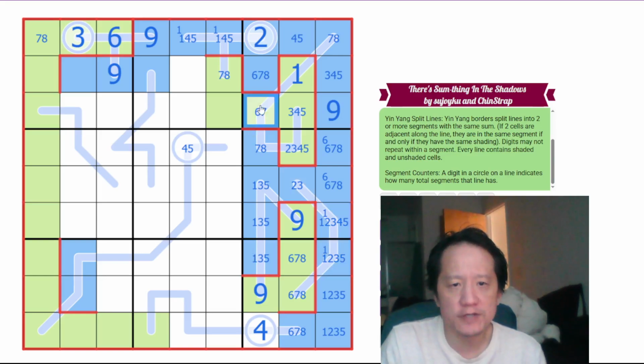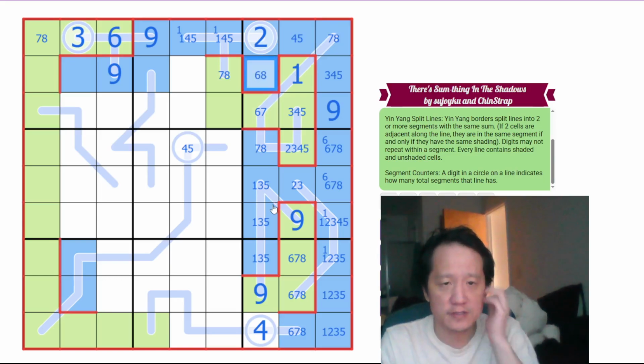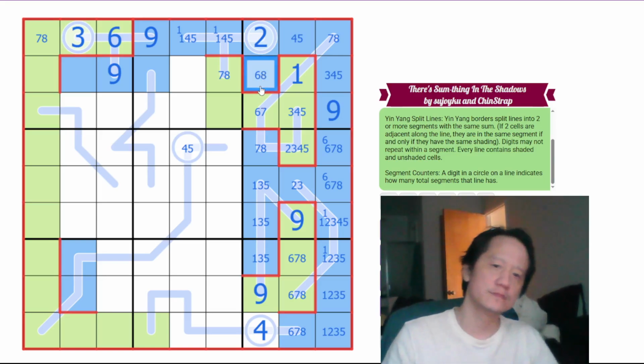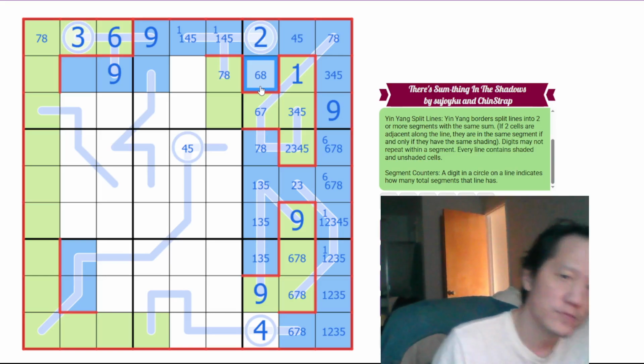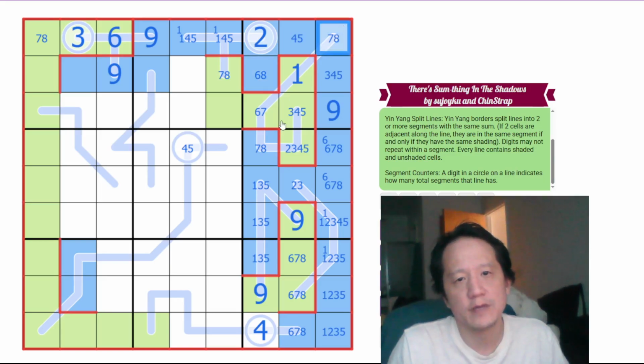So either this is 6 and that's 7, or this is 7 and that's 8. Either way, this can never be 7. This is 6 or 8. If this is 8, that makes this 3, 5. Which makes this 4, which makes this 1, 5, which makes this 8.